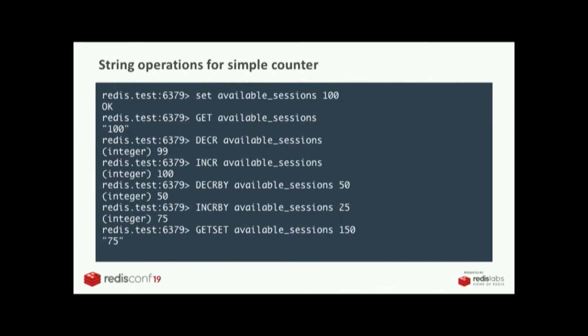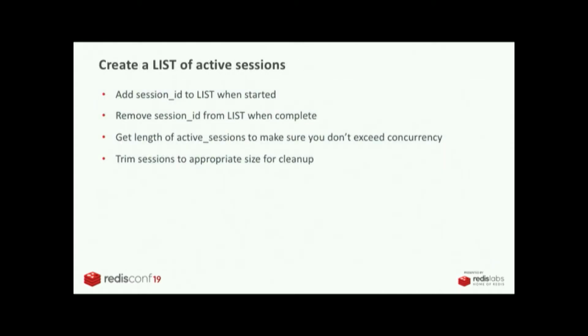For instance, if you're getting and setting as separate commands, someone else could get in, even if you pipeline it. So here I'm increasing the total sessions to 150, and it returns, by the way, that there were 75 sessions available, so you subtract 75 from 100. There's 25 concurrent sessions being used. You need to handle that on your own, though.